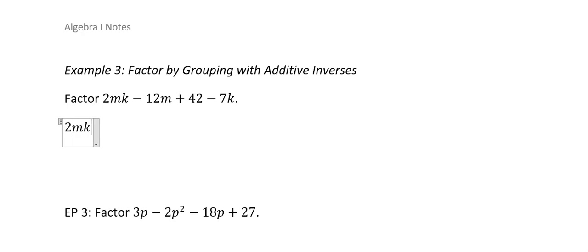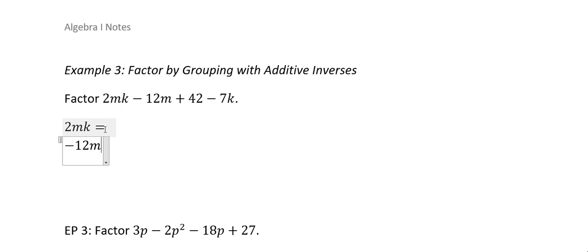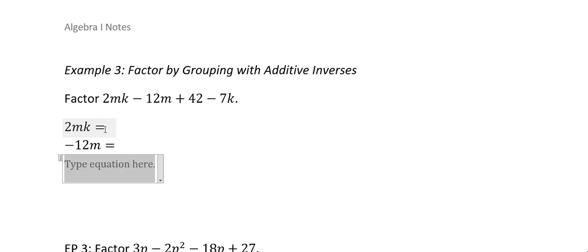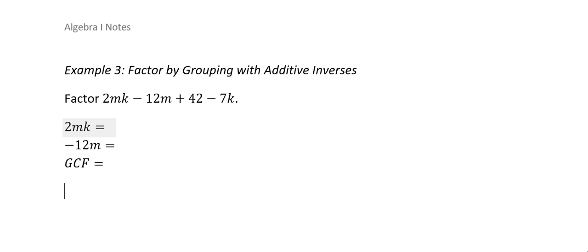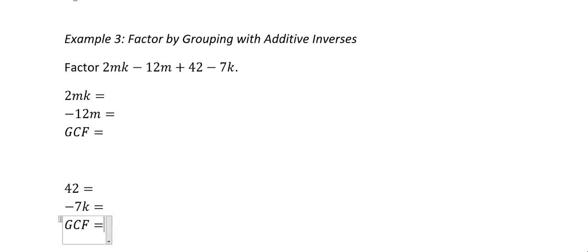So for 2mk, I've got to find that prime factorization. Minus 12m, I've got to find that prime factorization and come up with the GCF. And then I will look at my second pair of things, 42 and negative 7k, and find that GCF.